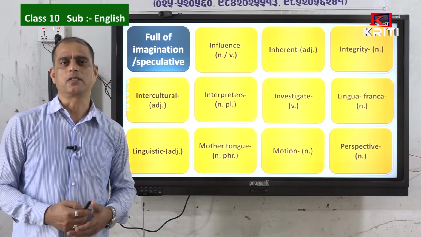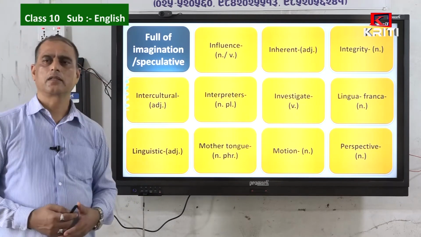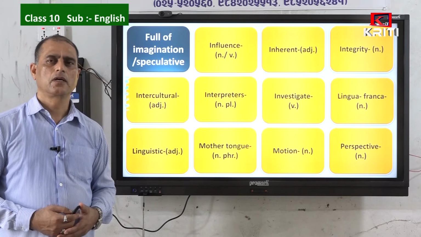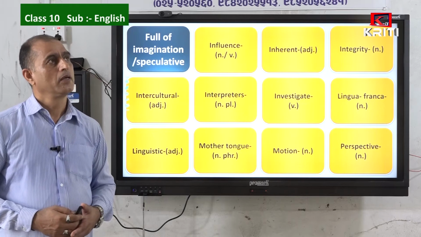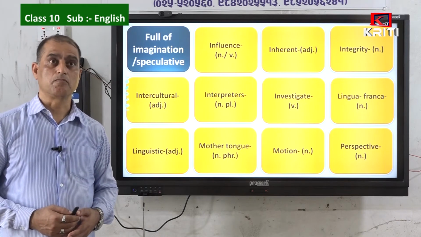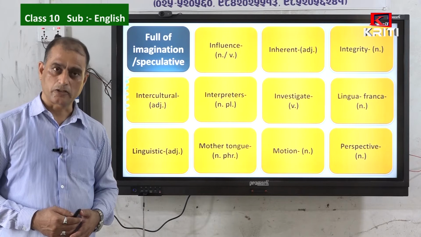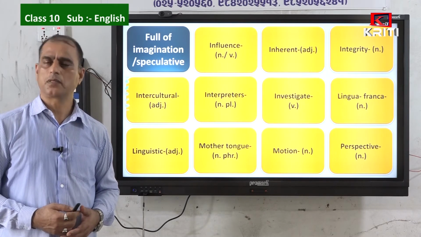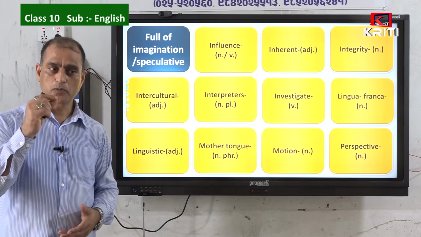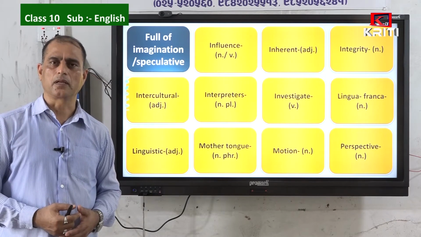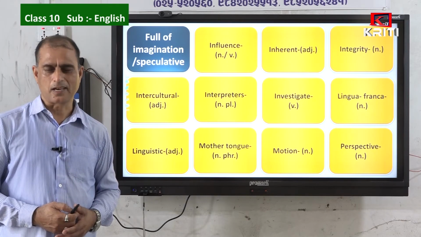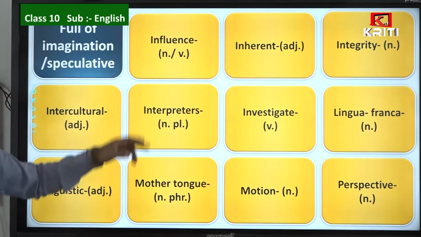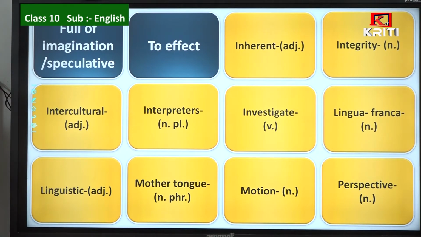Say influence. Then the word influence, what is its meaning? You guess, I give you an example. He has influenced me in reading. Influenced me means give effect or put something into effect. What does that mean? Give effect or make an effect of something. That's influence. Let's see what the meaning of the word influence is. That is to effect or to make an effect.